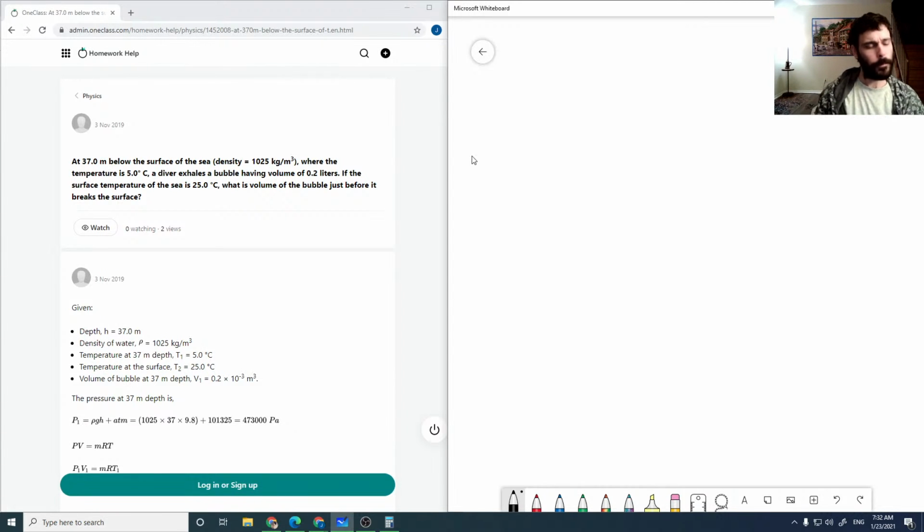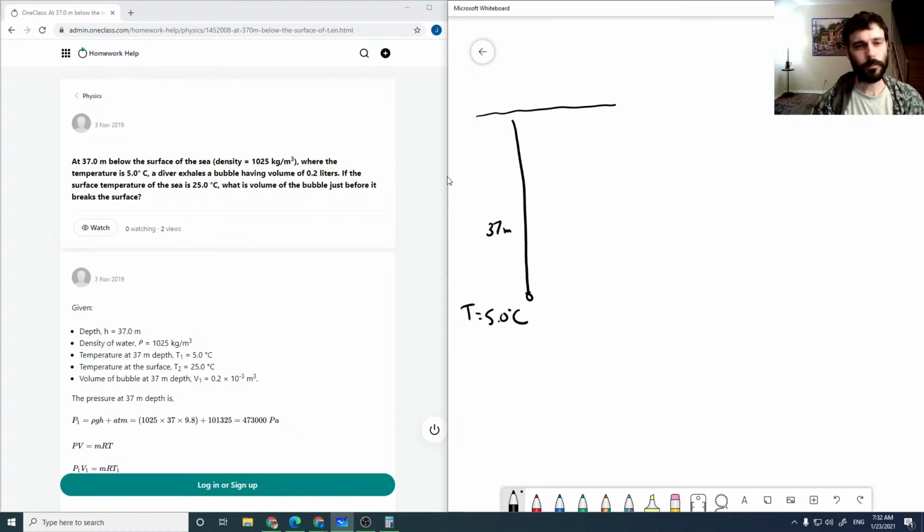So we've got at 37 meters below the surface, we let out an air bubble, and the temperature is 5 degrees Celsius, and the volume is 0.2 liters, which is 0.2 decimeters cubed.